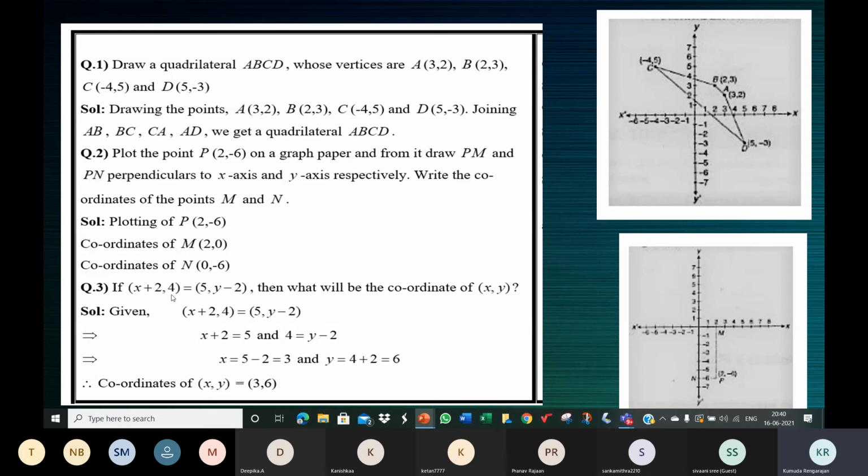And y minus 2 is equal to 4, and that's how we get the value of y. And we need to construct the coordinates of the point given by x comma y. So it will be 3 comma 6.